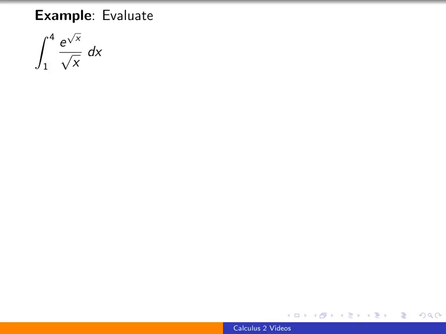So one more example for us to evaluate, this time a definite integral. Upon inspection, very similar to the previous example, we see that we have the square root inside the exponential, and we'll say up to a constant, its derivative is appearing outside. So what we're going to do is try a u substitution with u equals the square root of x.